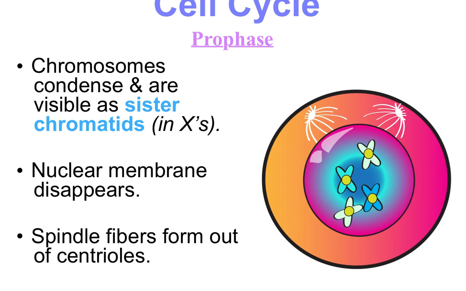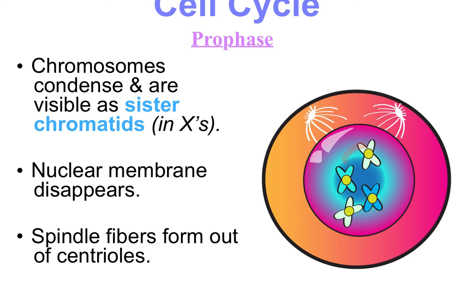In prophase, the chromosomes are very visible. They're visible as sister chromatids. Remember, that's 2 copies of the exact same chromosome, which are represented as X's here in the diagram. And the nuclear membrane disappears.